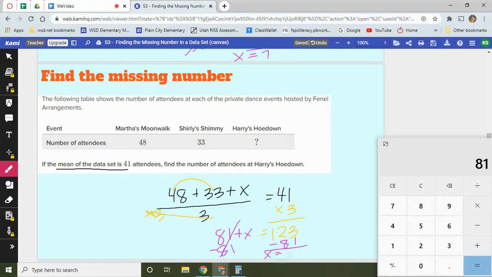X equals 123 minus 81, 42. Okay, so that tells us how many attendees are at Harry's Hoedown. Now let's check it. 48 plus 33 plus 42 divided by 3 gets us a mean of 41.